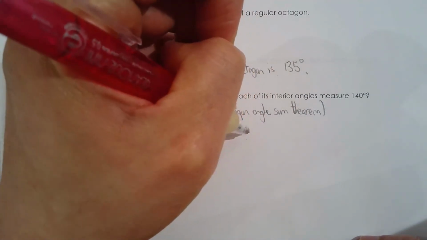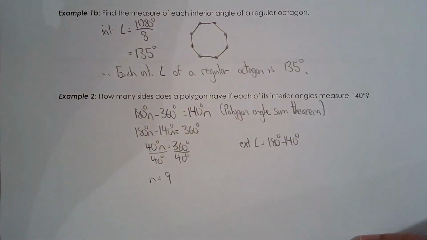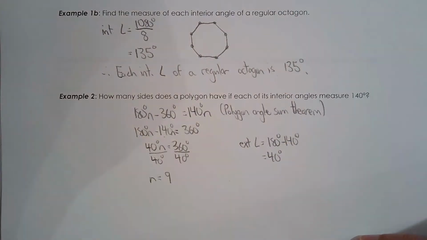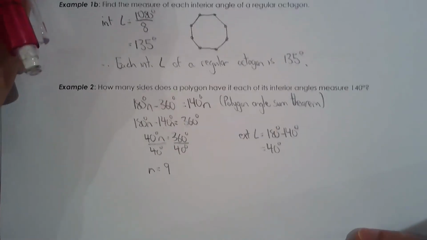Hopefully you'll realize that the exterior angle is 180 degrees minus 140 degrees, because interior and exterior angles are supplementary. So each exterior angle must measure 40 degrees if each interior angle measures 140 degrees.